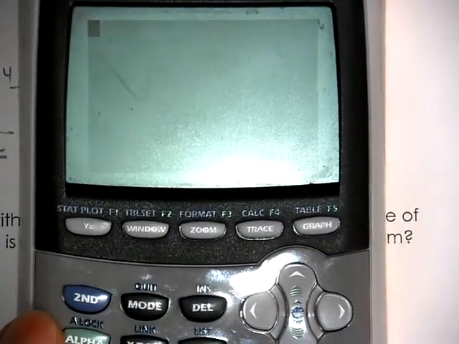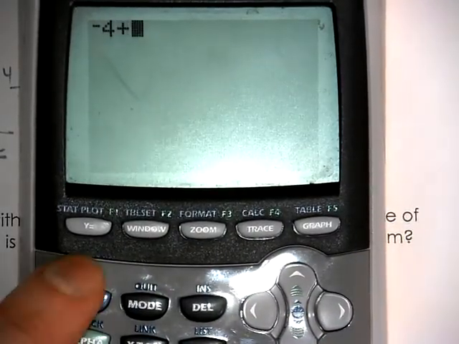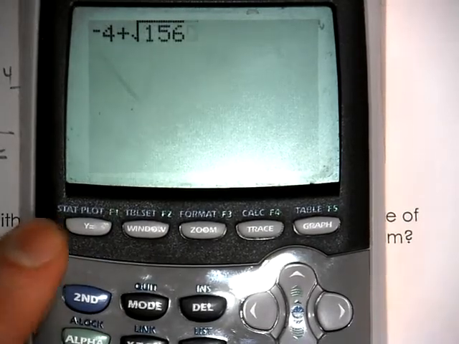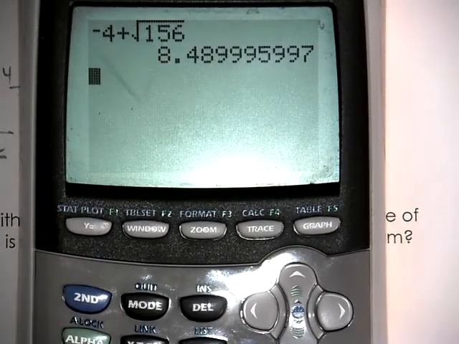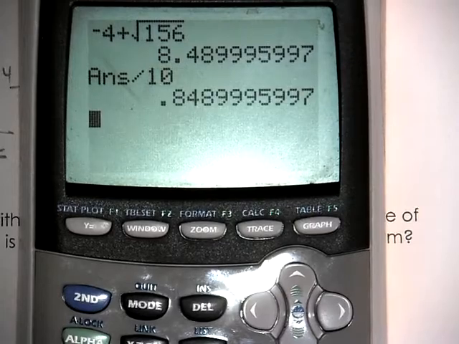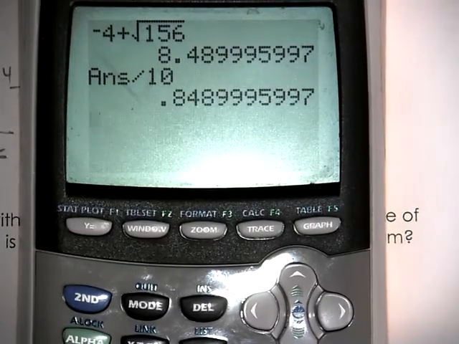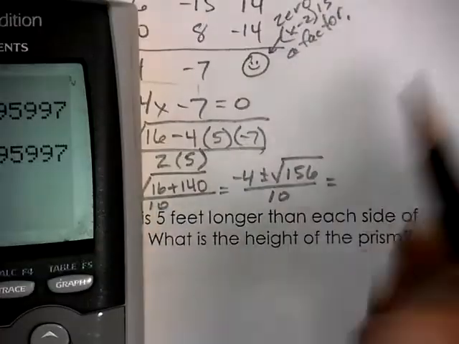So we're going to take our negative 4 plus the square root of 156 and divide that by 10. We get this answer of 0.8489.